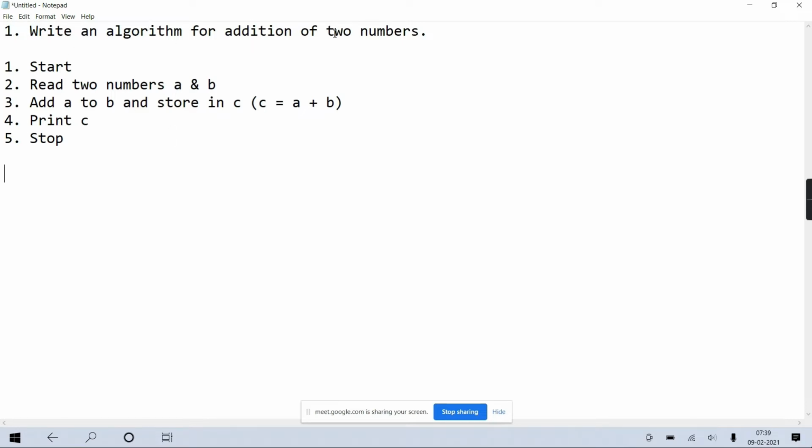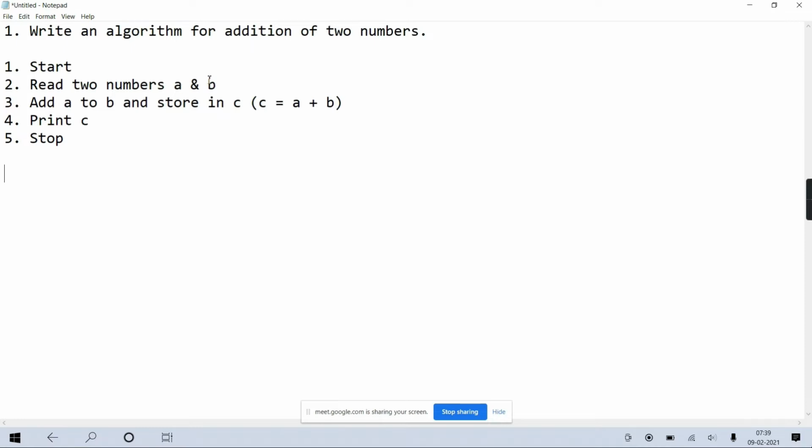Okay, we have to write an algorithm for addition of two numbers. This is some logical indication. Okay, from here, the algorithm is starting. Then I have accepted two numbers and I have stored in A and B. So you are going to accept it from keyboard. Getting external input, that is from keyboard, will accept it and store in two variables.